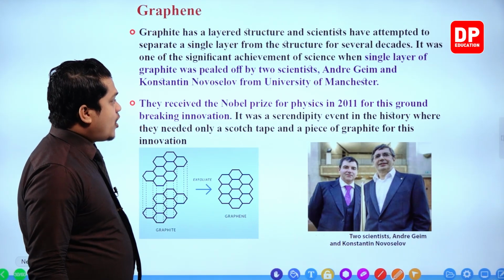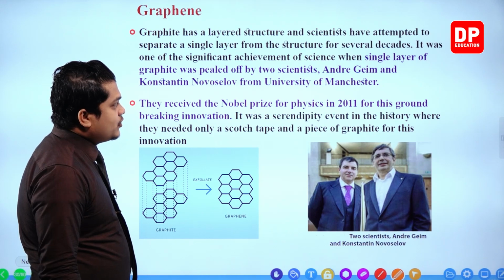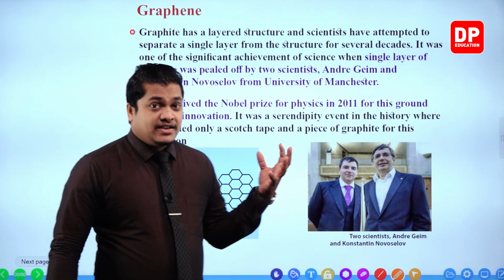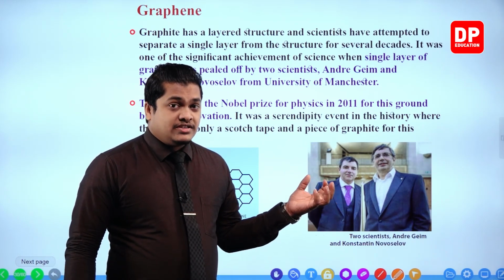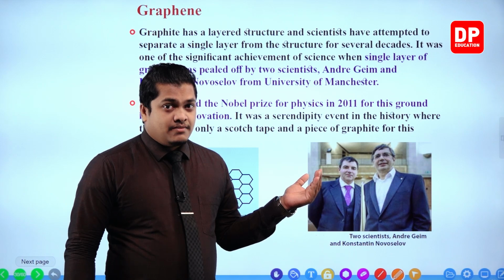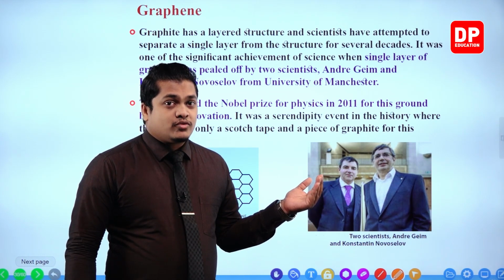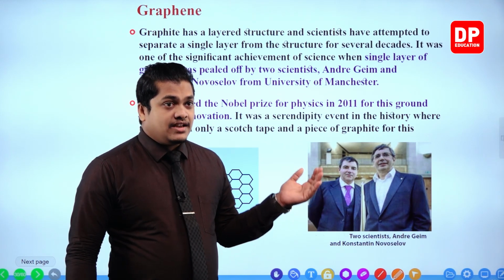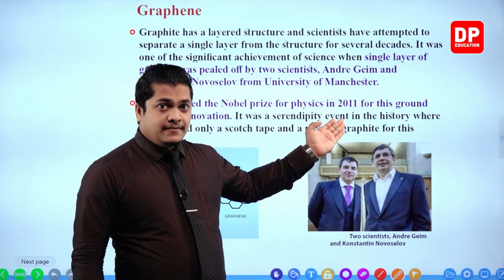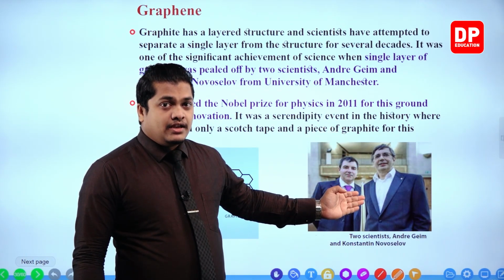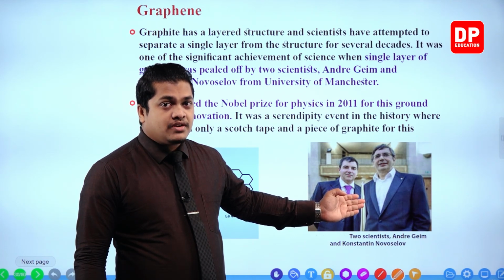So they received the Nobel Prize in physics in 2011. Now you know that nanotechnology took off in the 1980s for the first time. But however, it took decades in order to remove this graphene layer. In 2011, these two people got the Nobel Prize for removing a graphene layer from graphite.